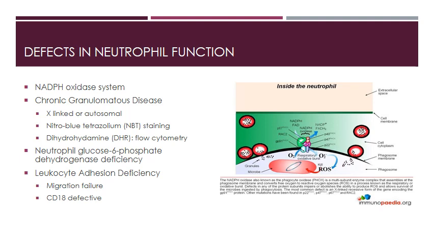Now we know that if there's a problem with the NADPH oxidase system, you're going to end up with chronic granulomas, with pretty overwhelming disease. But there are some other issues that could also occur. The next one I have here is the neutrophil glucose-6-phosphate dehydrogenase deficiency.